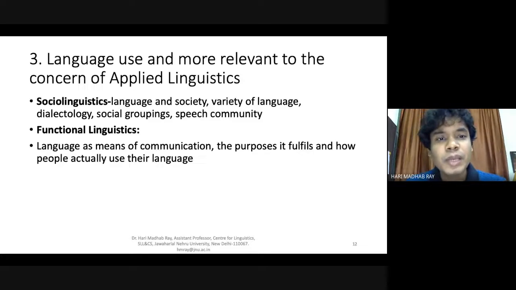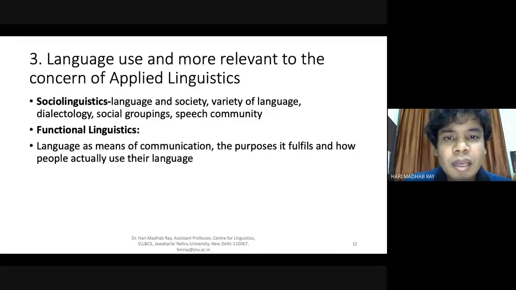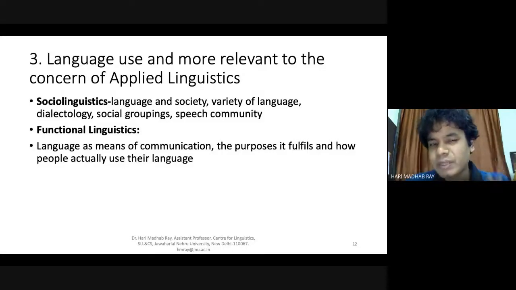So this is more relevant to the concern of applied linguistics. I just mentioned some of these things.